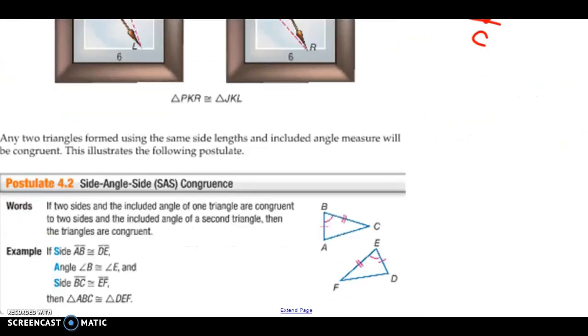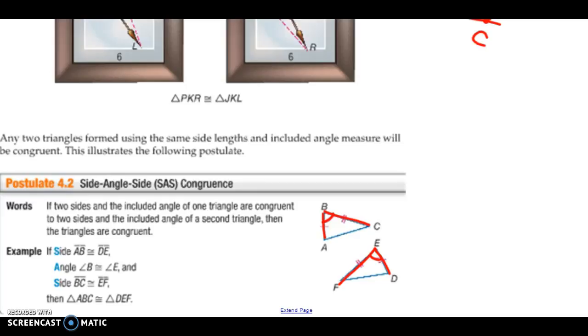So actually, we have a postulate for this, the side angle side congruence postulate, or side angle side, which says that if I have side AB and it's congruent to side DE, and then I have angle B is the same as angle E, and then I have BC is congruent to EF, that my triangles are congruent.